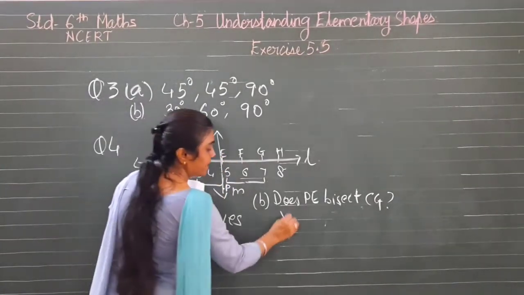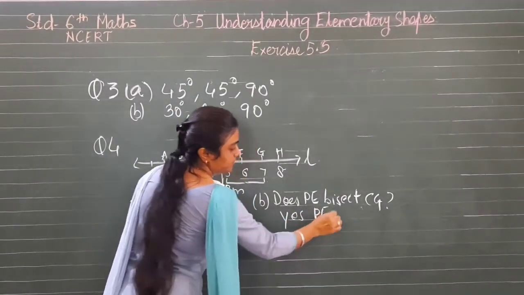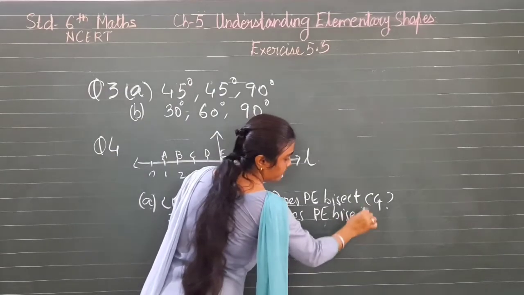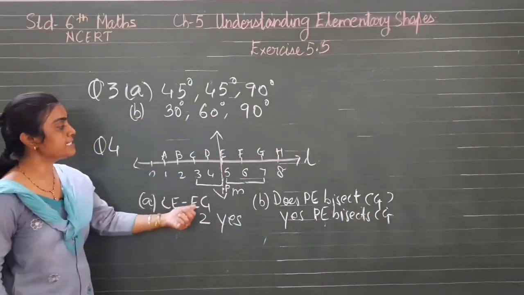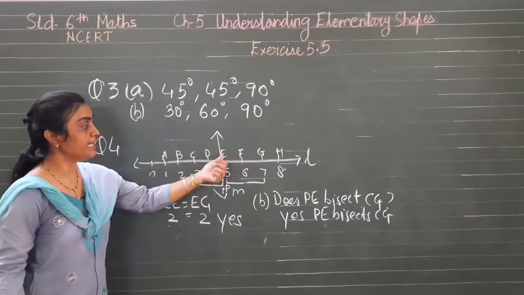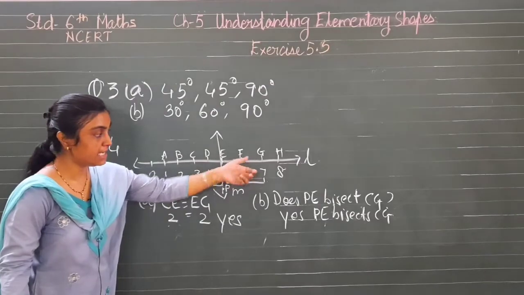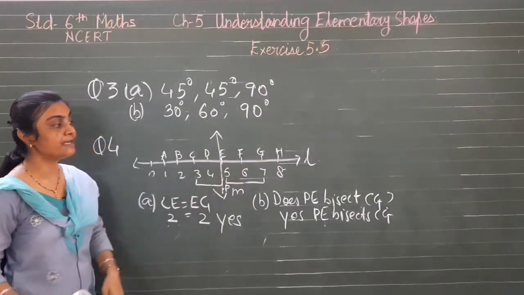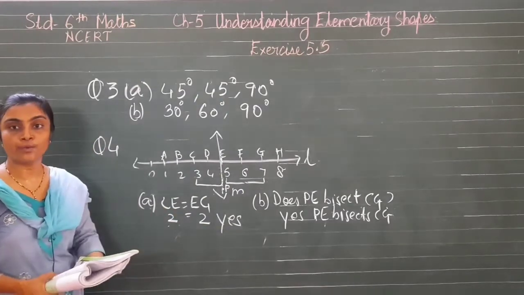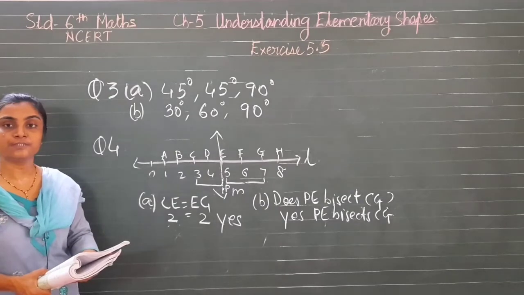So yes, PE bisects CG, because we have already proved that CE is equal to EG. So E is the midpoint of line segment CG, and here PE divides line segment CG into 2 equal parts. Rest of the numbers you can do it by yourself.